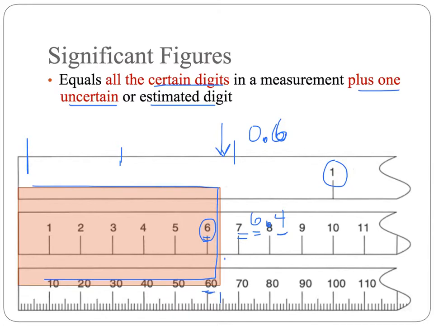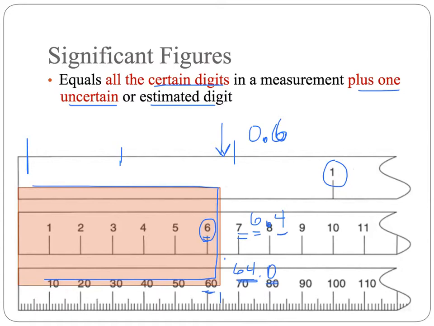So we're going to say that it's 6.41, my 2 certain numbers, and 0.1 maybe, it's just over the line. Or if I was certain that it was right on that line, I would say 6.40, showing that I was able to make one estimated number along with these 2 that I am certain about. So the significant figures reflect how precise you can be in your measurement.